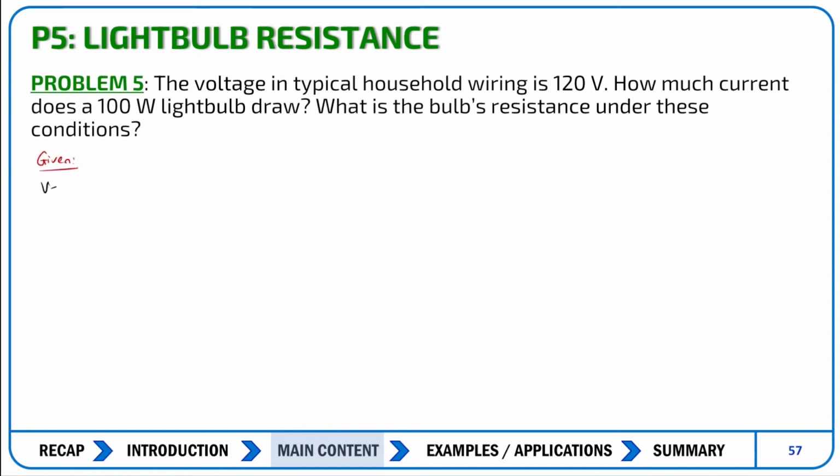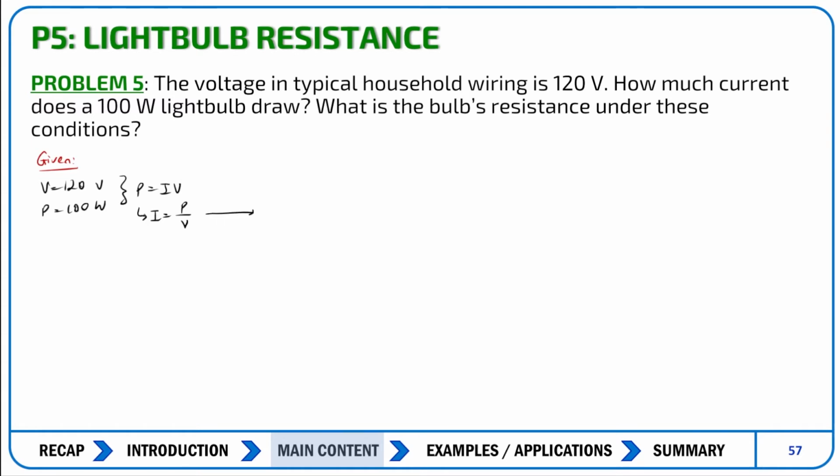I know V is equal to 120 volts. The power is 100 watts. I know that between the two of these, P is equal to IV as a relationship. So I know that I is equal to P over V.